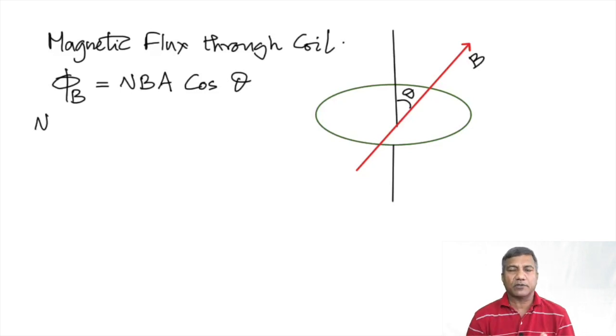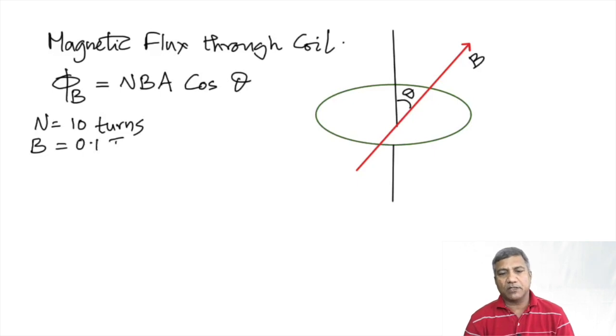We take the angle with the perpendicular drawn to the plane of the coil. So that's very important. And then to find the magnetic flux passing through the coil, we use the formula NBA cosine of that angle, where N is the number of turns, B is the strength of the magnetic field, A is the area of the coil.